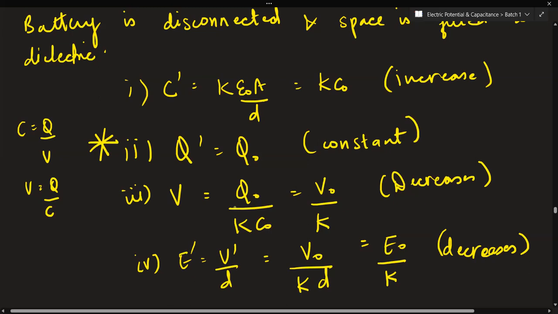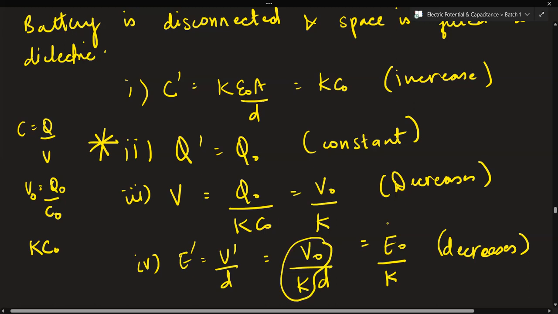But in case of potential, what happens? Potential is written as Q naught divided by C naught. You know C is equal to Q by V, so V will be equal to Q by C. So V naught will be equal to Q naught divided by C naught. Since capacitance becomes K times C naught, potential also decreases. And if potential decreases, your electric field also decreases.